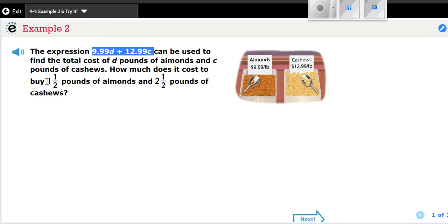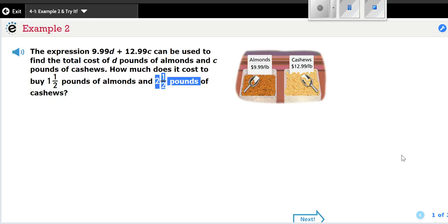So we want 1.5 pounds of almonds and 2.5 pounds of cashews. The biggest thing with these types of problems is not that you won't understand how to do them. I don't think that's going to be your biggest struggle. What's going to happen is there's going to be quite a bit of information. You got to make sure that it all stays organized.